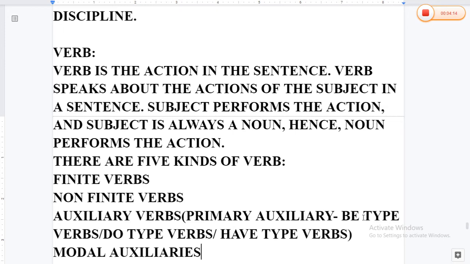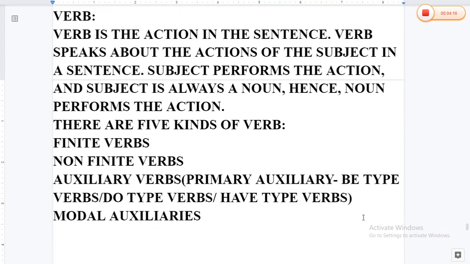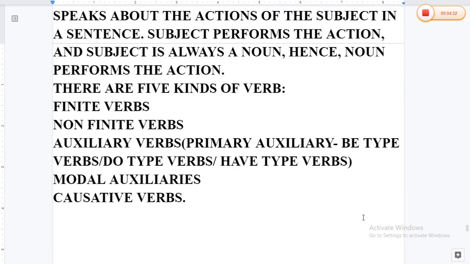They function as helping verb in specific notional sentences. And the last form is causative verbs. So these are the five kinds of verb. So today we take the very first kind, finite verbs.